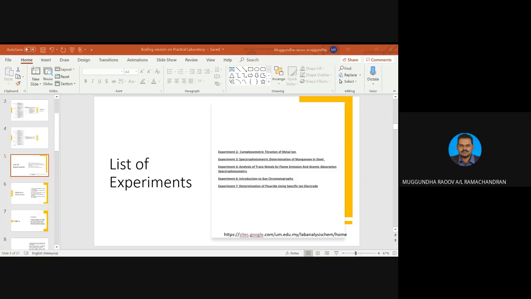Am I right, class? So when you plot your calibration curve, you will get your equation y equals mx plus c, where y represents the absorbance and x represents the concentration. So class, here you have solution 1 treated with KIO4 and not treated with KIO4. Solution B1 is also the same.